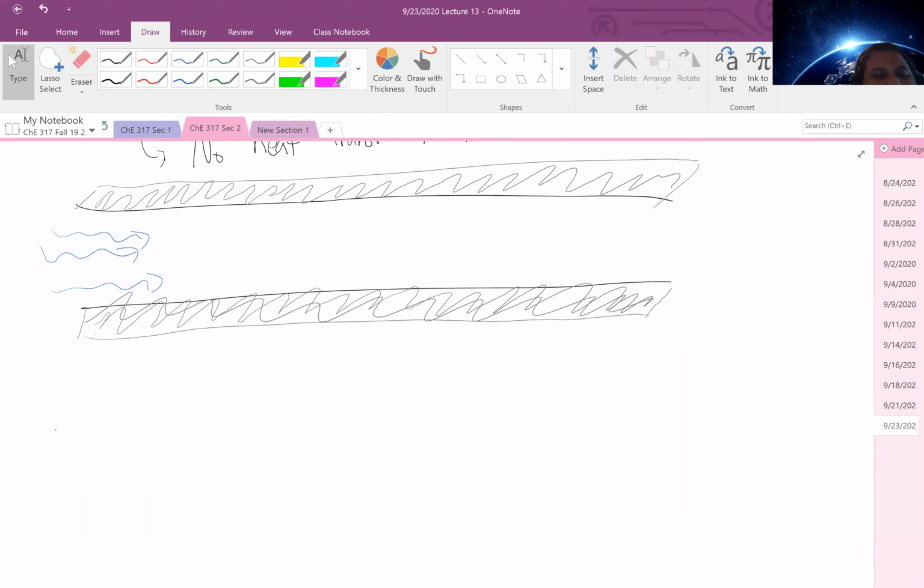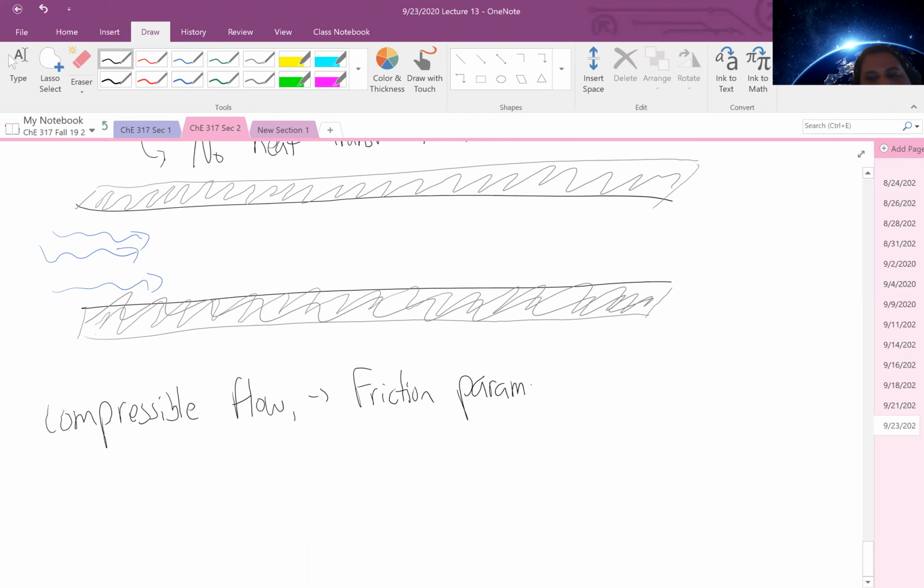And when considering compressible flow, my friction parameter in compressible flow exists as a function known as this, where we have our friction factor times our flow length divided by our hydraulic radius.